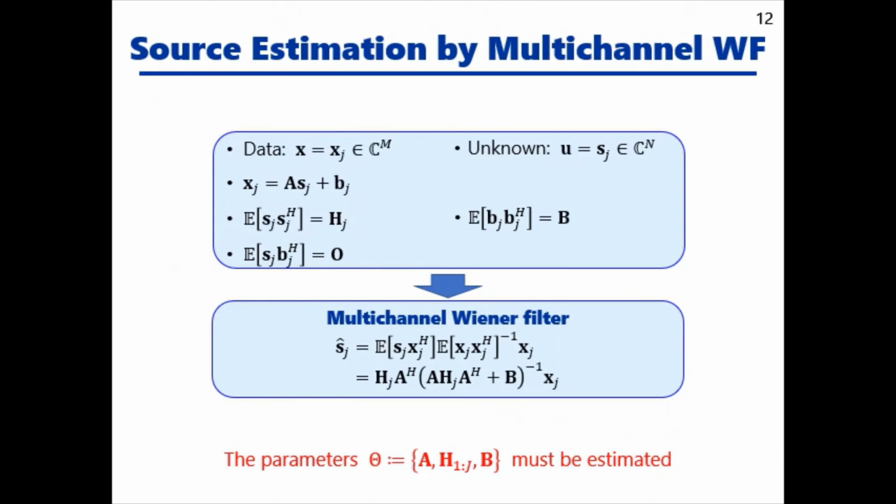Now we apply the multi-channel Wiener filter to our BSS problem. The data X are now the mixtures X. The unknown variable U is now the source signals S. X and S are related to each other by this signal model.